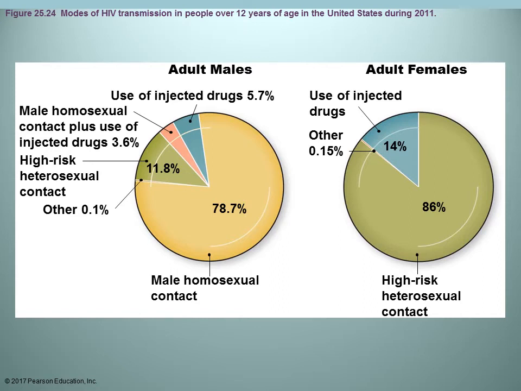Modes of transmission in people over 12 years of age in the United States. The study was done in 2011. They looked at the numbers, and you can see here adult males versus adult females. In males, the majority was with male homosexual contact. In females, it was usually with heterosexual contact.